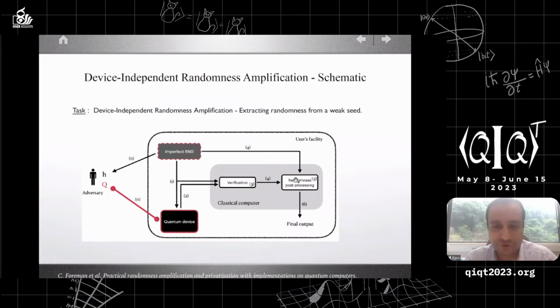We do some additional post-processing, maybe together with some additional bits from the RNG, and we produce the final output bit, which we want to prove obeys universally composable security, which means it's completely independent and uniform from the point of view of a general quantum adversary. So you see that here we give a lot of power to the adversary, and we are working in a fully device-independent setting where very little is trusted, other than the fact that these devices are shielded and obey the locality condition in Bell nonlocality.